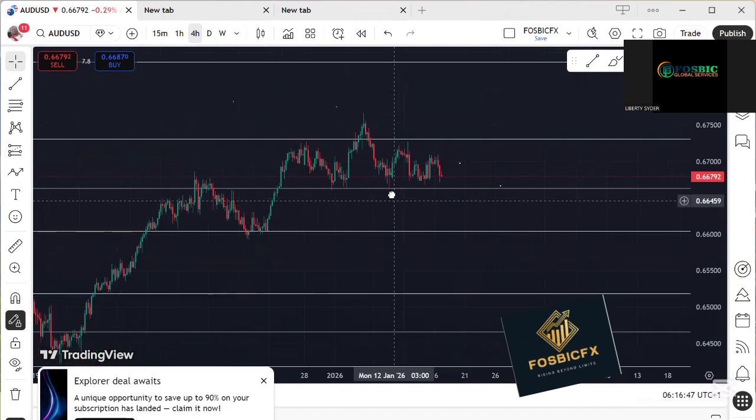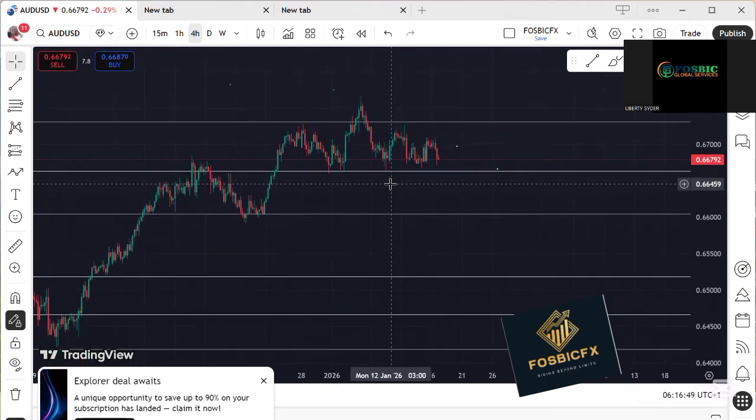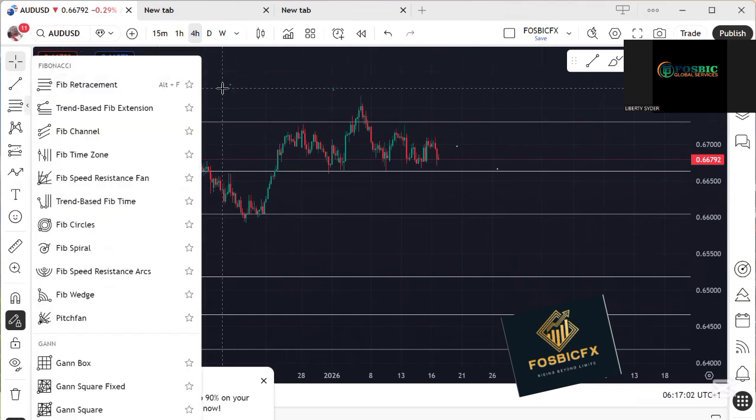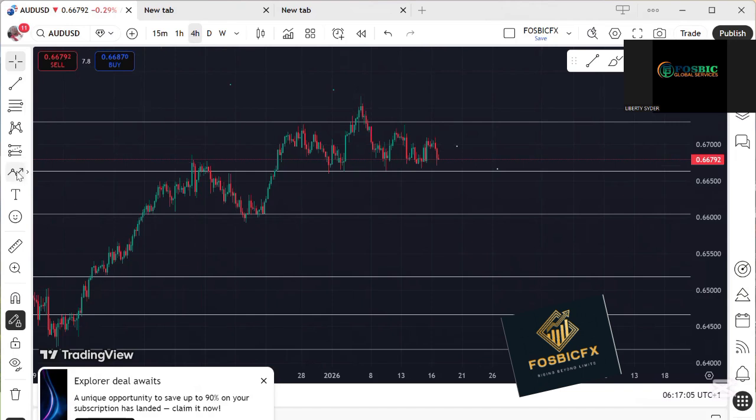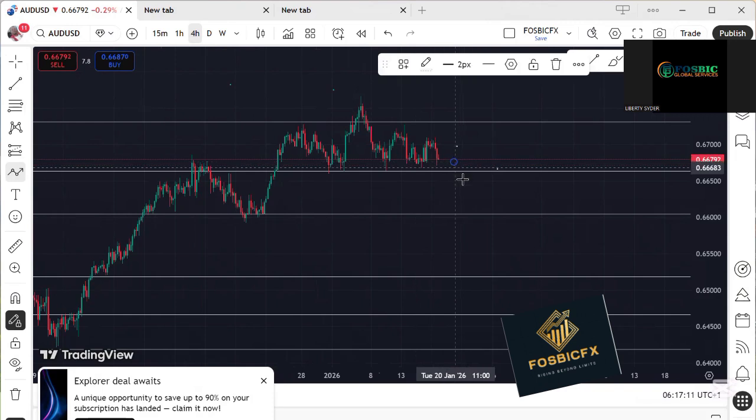So now let's assume you have opened your chart like this, and after you have done your analysis, you believe that this market is going to change direction when it falls to this level. Can you see this point here?